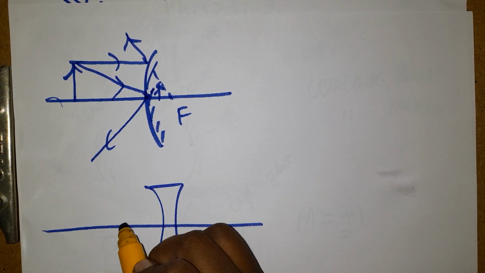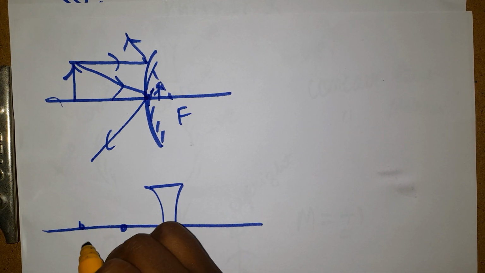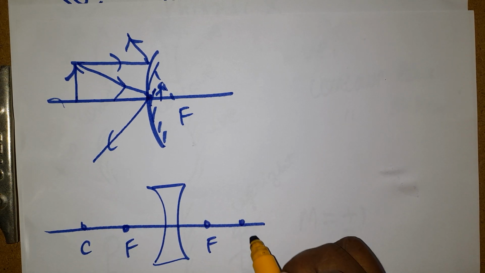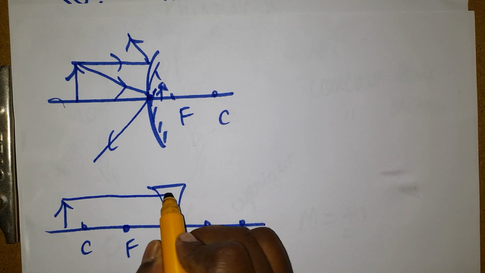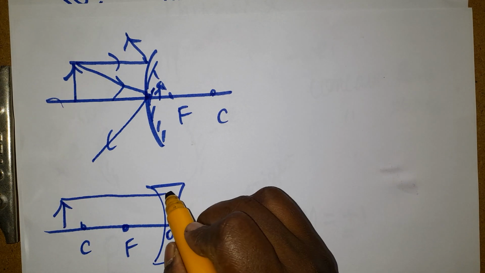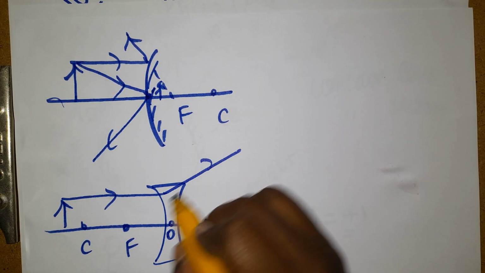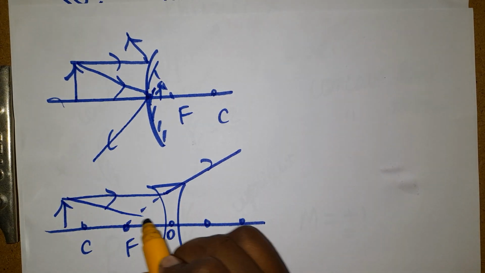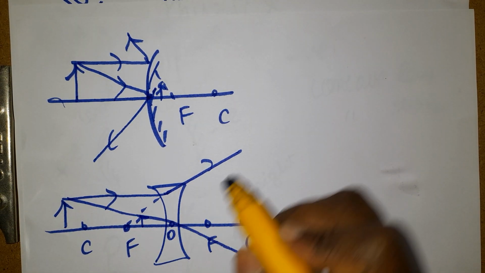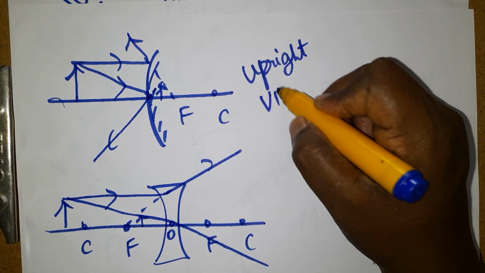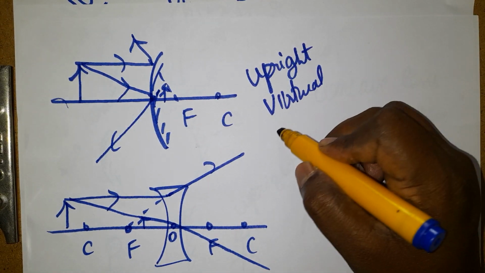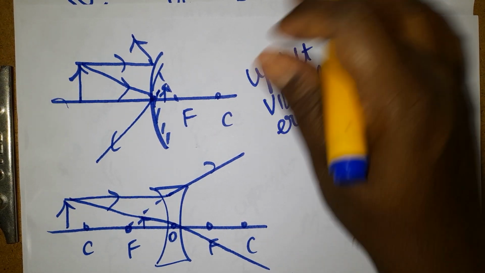Very important condition. Okay, here F, here C, here F, here C. The object is placed anywhere between infinity and the optical center. The parallel ray will be refracted away from the focus, and the center ray goes straight without deviation. Here also the image will be upright, virtual, erect. There are many chances that you can get this kind of question.